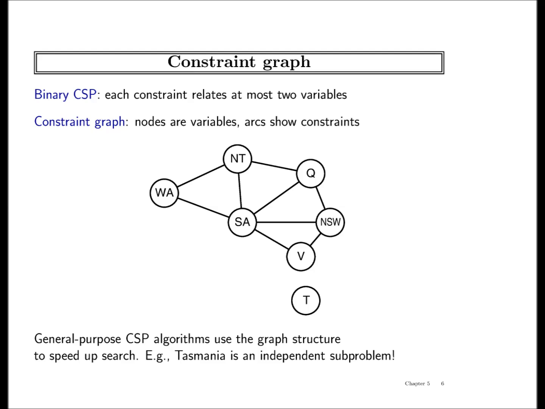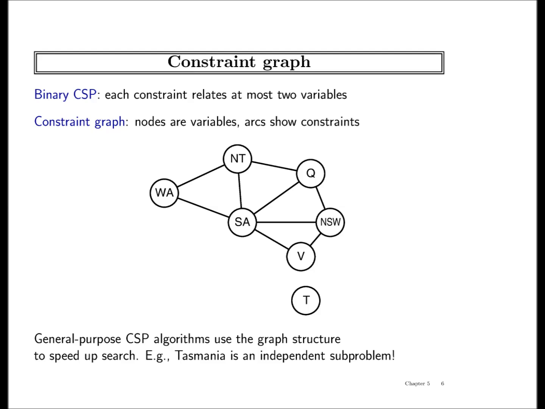Associated with each CSP is a constraint graph. This constraint graph tells us how the constraints are affecting the variables, how the variables are placed with respect to each other. So here I am showing a constraint graph for a binary CSP. Binary CSP means that each constraint only relates two variables.